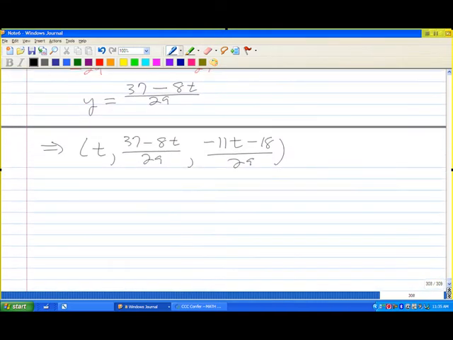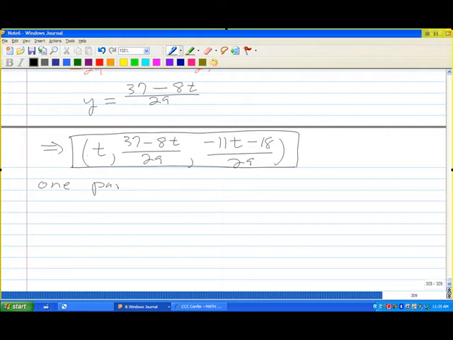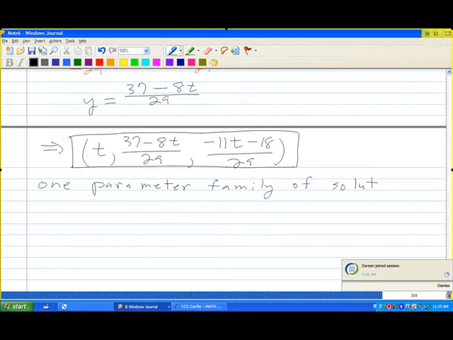This is my one-parameter family of solutions. I notice I have an infinite number of solutions, and I can write this as a one-parameter family of solutions. This is a line in space, so these two planes intersect along a line.